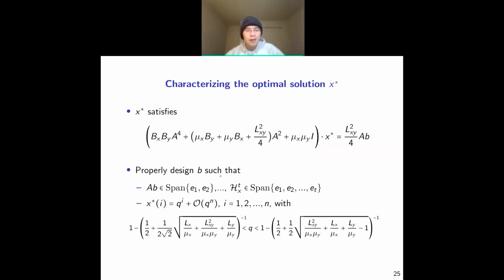But fortunately, by properly designing b, we can first preserve the zero chain property that we mentioned before. We're also able to show that x star has an approximate solution x star of i equal to q^i, and the error is of order q to the power n, where i means the ith element of x star, and n is the dimension of x star.